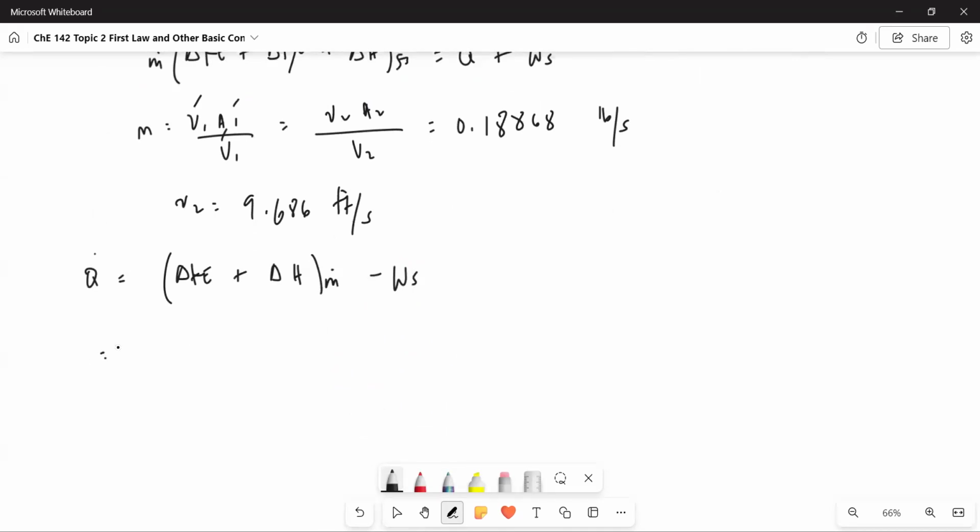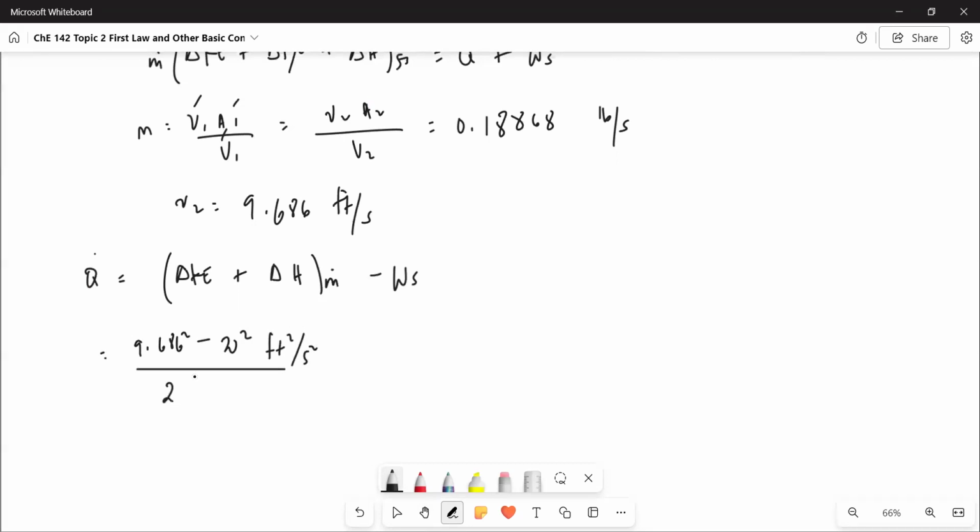So this is 9.686 squared minus 20 squared. So this is the velocity, feet squared per second squared, over 2 gc.